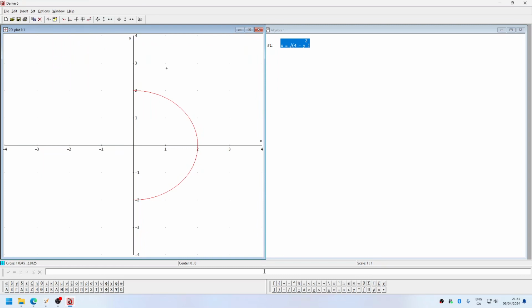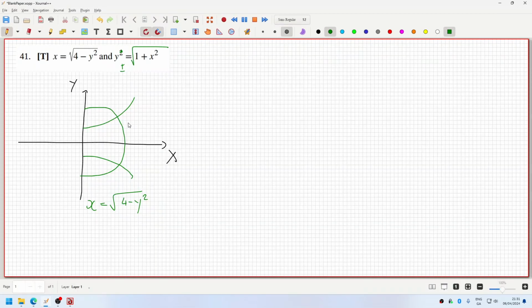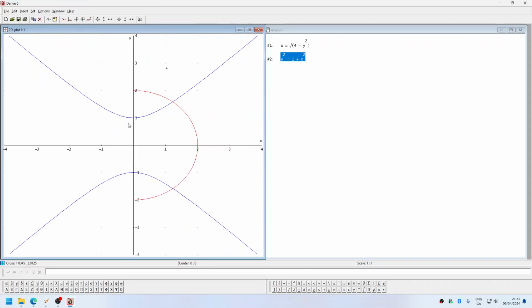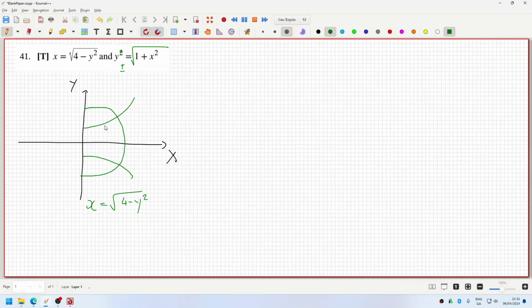And then, okay, yeah. So which area do they want though? I guess this piece? Is it this piece they want?